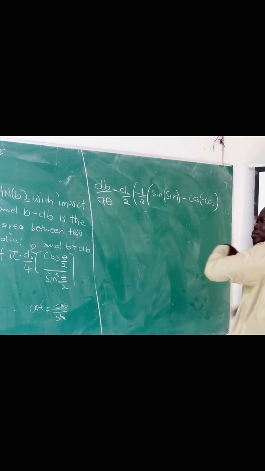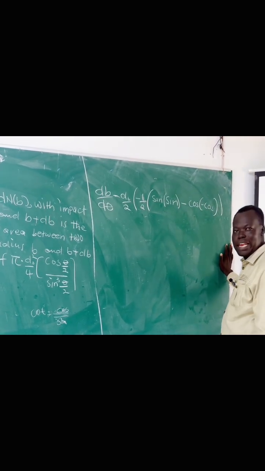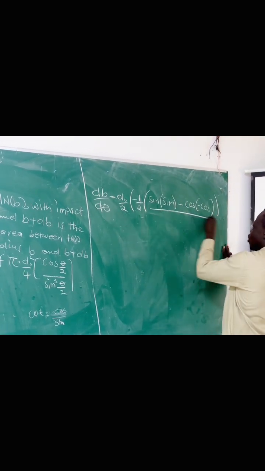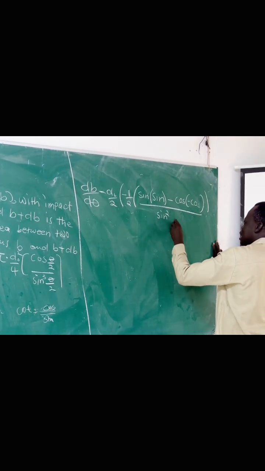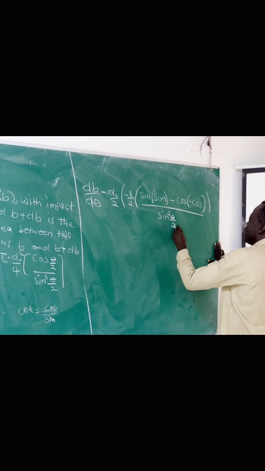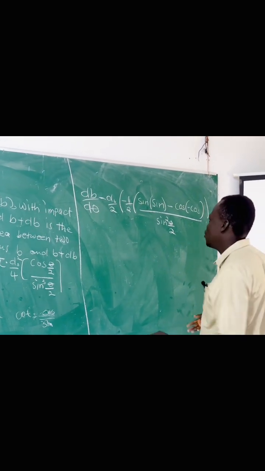I didn't put the angles in everywhere because it will make our number very big, and then you will panic that something big is happening. All of this is divided by v squared, sine squared. You can put the angle even here, there is no problem.